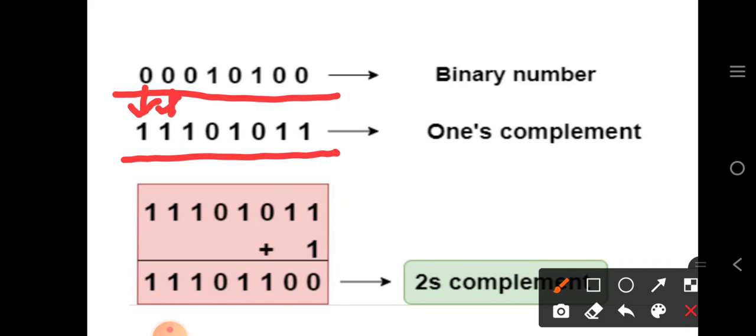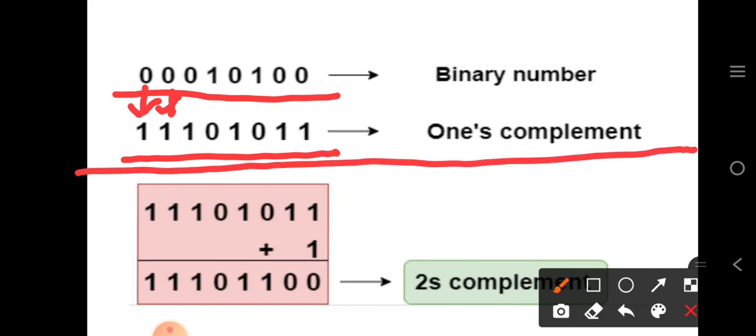Now coming towards the 2's complement. 111011011. How to take the 2's complement? First of all, we have to take the 1's complement of that binary number and then we have to add 1 to the 1's complement. You can see here the process of taking 1's complement is only up to here, to invert the digits.